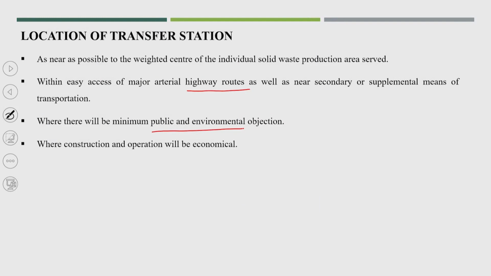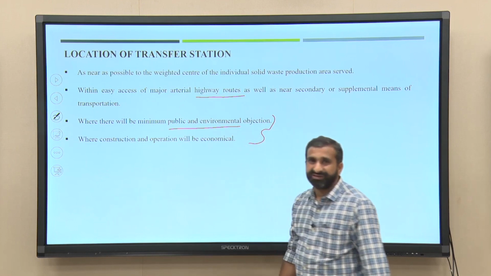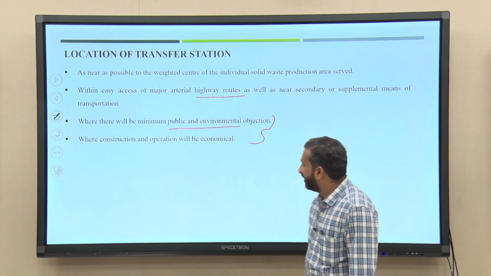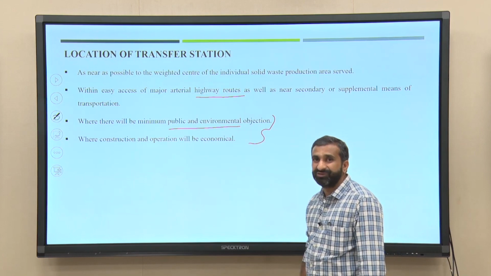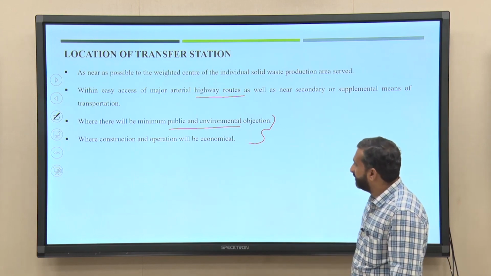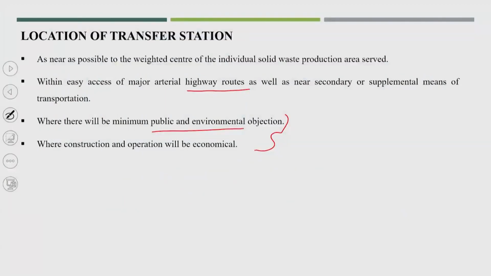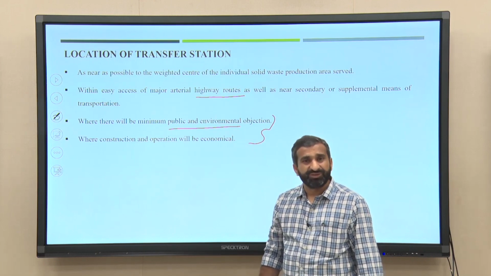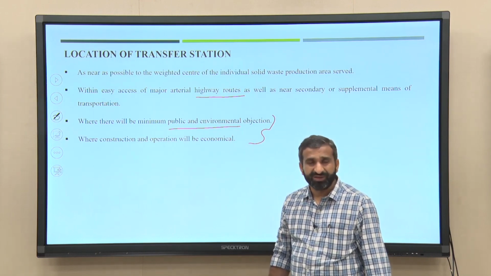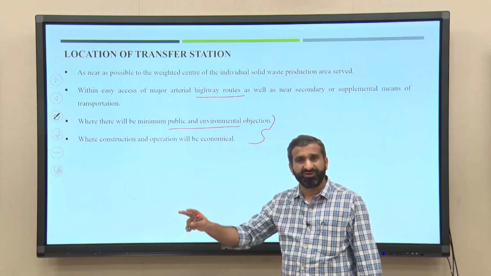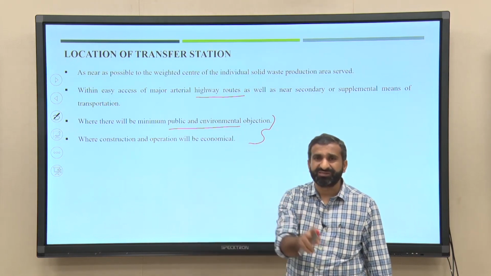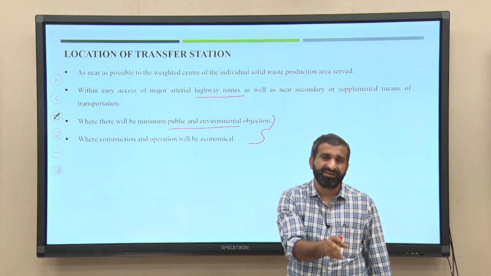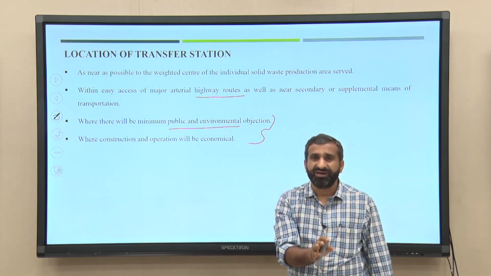I think other factors we can easily handle, but these are the important factors, where public objections arise and how best and easily we can operate the transfer station. Now, under the Swachh Bharat Mission, many cities have started transfer stations, but the problem is that if you are planning for transfer stations, you need to have proper vehicles in both cases, for the primary collection and for the secondary collection, where larger vehicles are required.